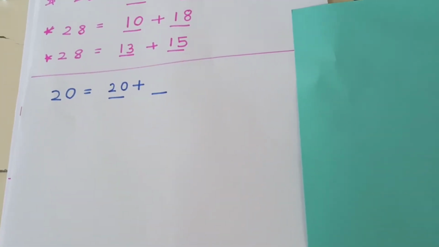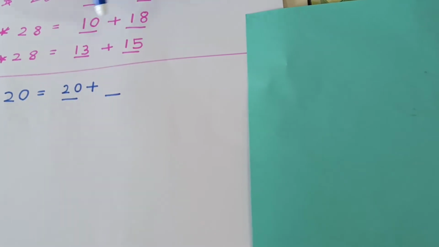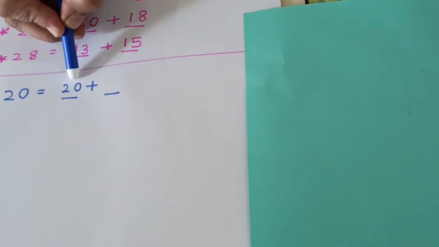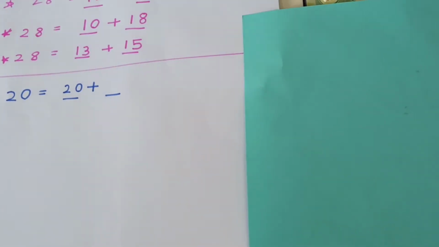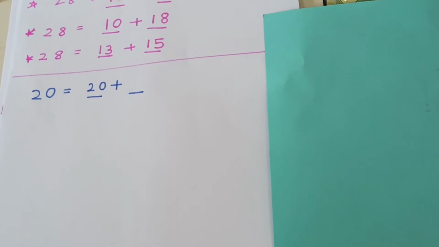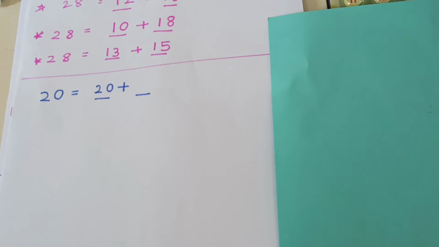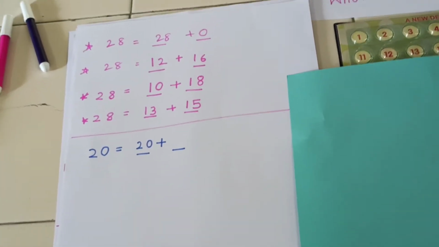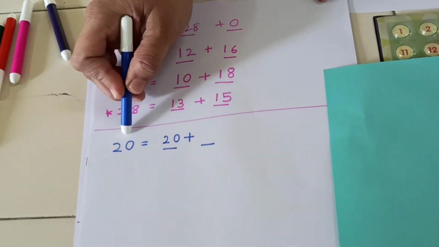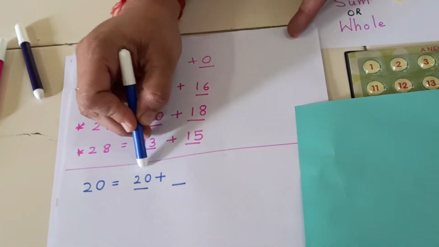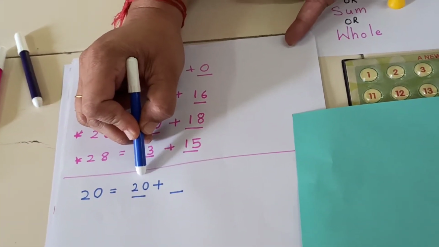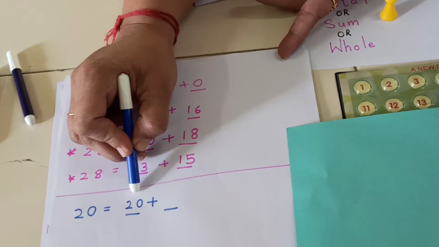And Shrita teacher, I have a question for you. I have my first addend as 20. What should be my second addend for it? And obviously 0. Why? Tell me. Because you have to reach the answer 20. Okay. You have already written answer 20, right? Yes, your first addend is 20. Yes.